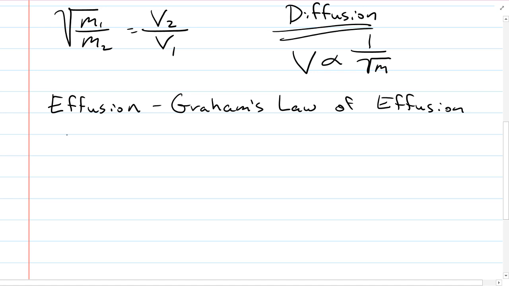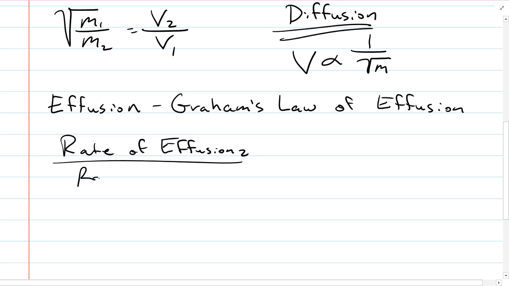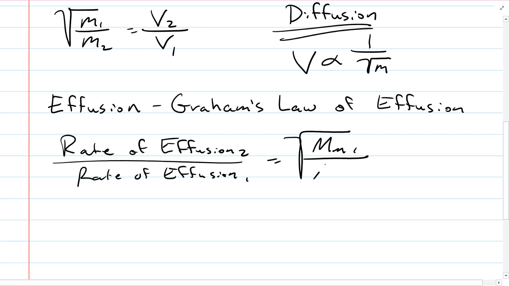Graham's law of effusion is very similar to the diffusion law, and it says something like this: the rate of effusion of gas 2 over the rate of effusion of gas 1 is equal to the square root of the molar mass of gas 1 over the molar mass of gas 2.